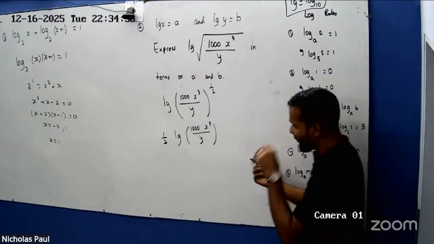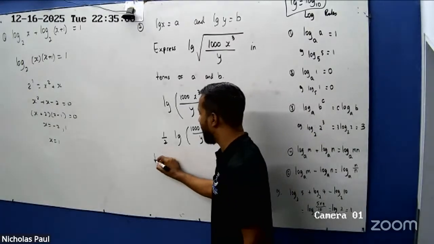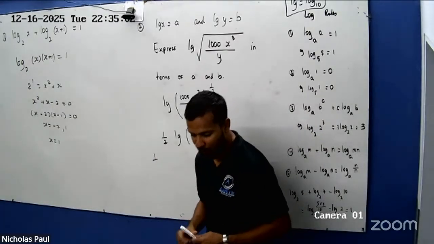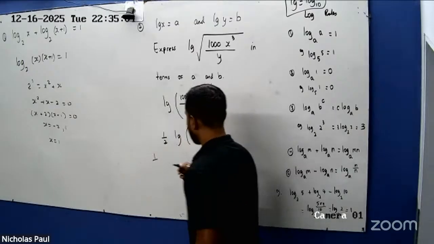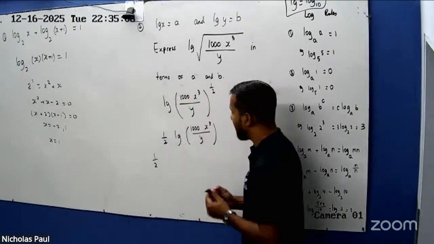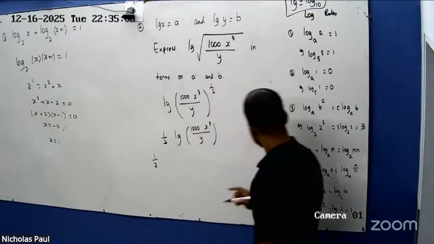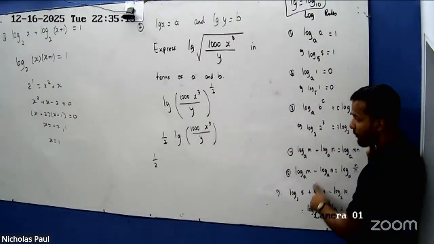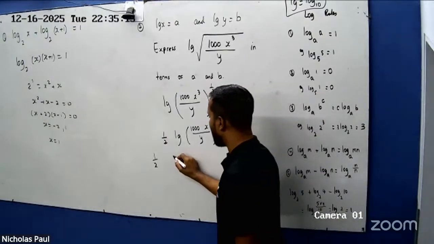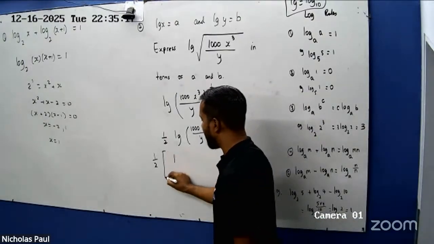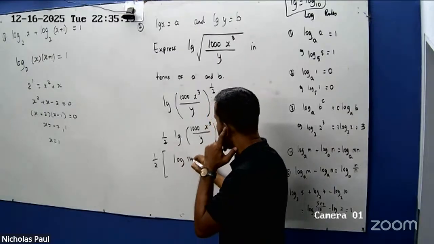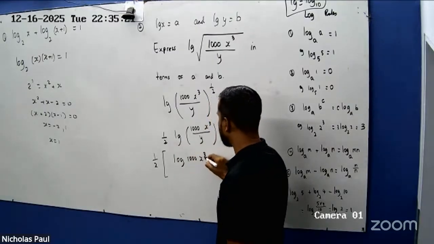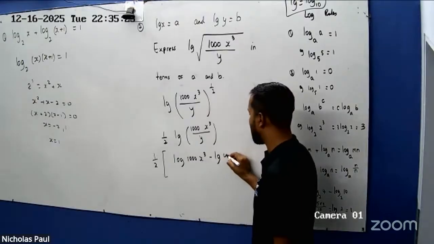Right? So let's see what I end up with. The half outside was a real big problem having the half there. And then we have the division. If I go from division backwards, what would I get? Minus. So I'll leave the half on the outside and get log 1000 x cubed minus log y.